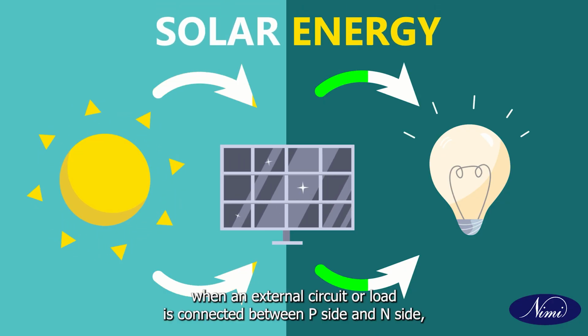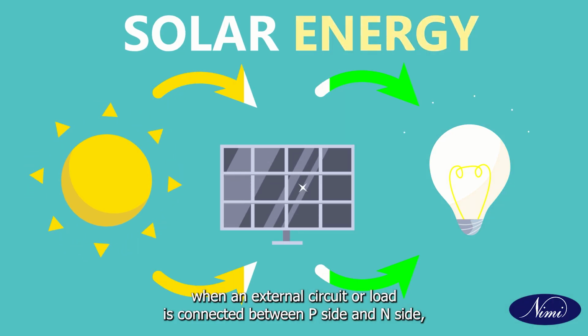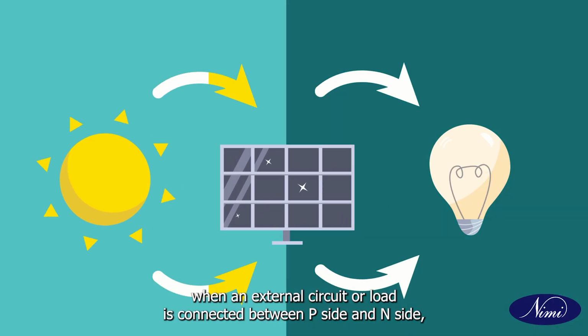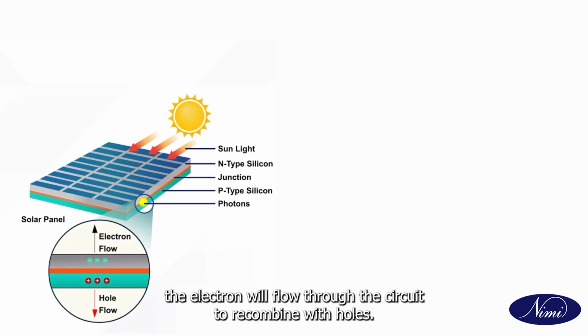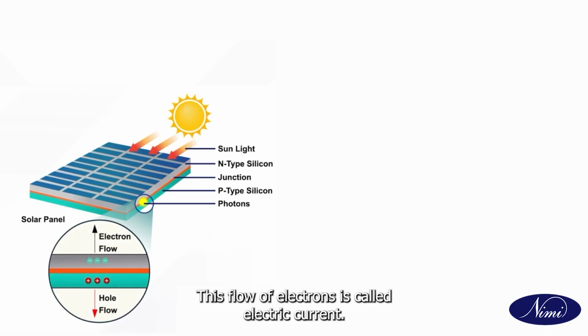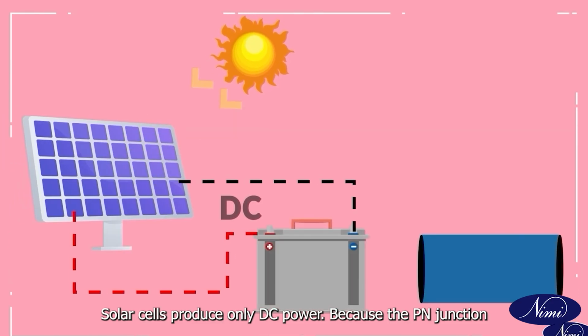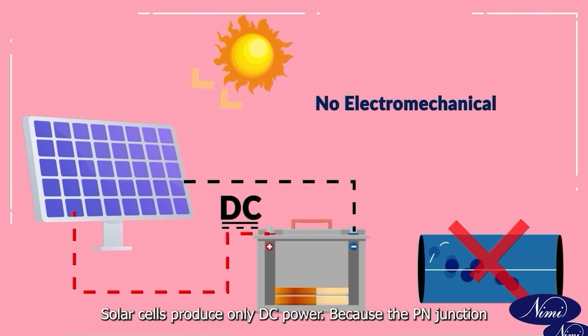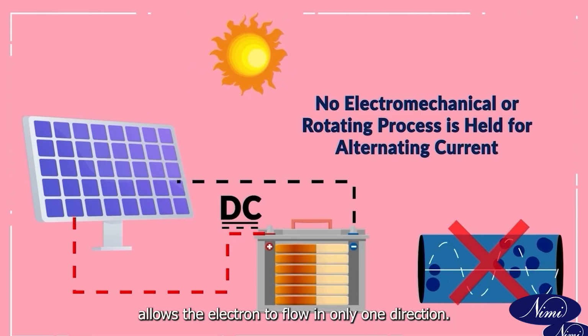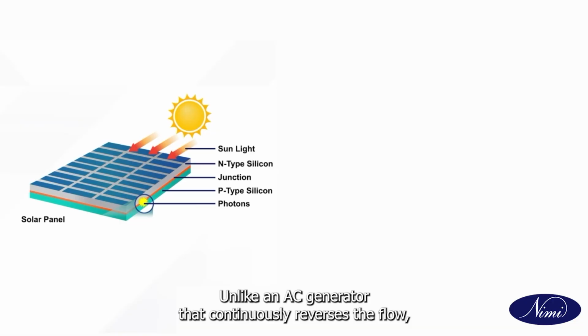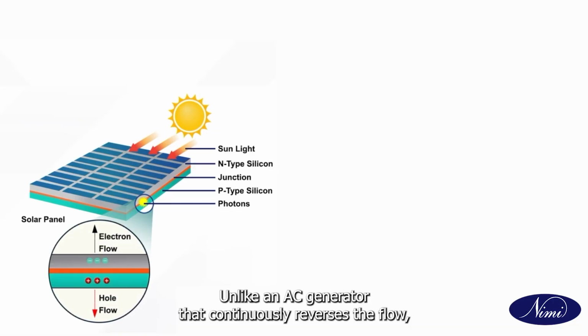When an external circuit or load is connected between the p side and n side, the electrons will flow through the circuit to recombine with holes. This flow of electrons is called electric current. Solar cells produce only DC power because the p-n junction allows electrons to flow in only one direction, unlike an AC generator that continuously reverses the flow.